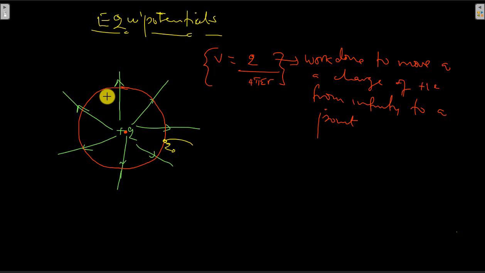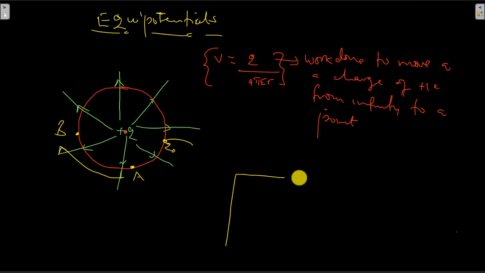Is there any potential difference between a point A and another point B here? There is no work, because all points on the arc of this circle are at the same potential. So you cannot do any work by moving from A to B, since there is no difference in the potential.